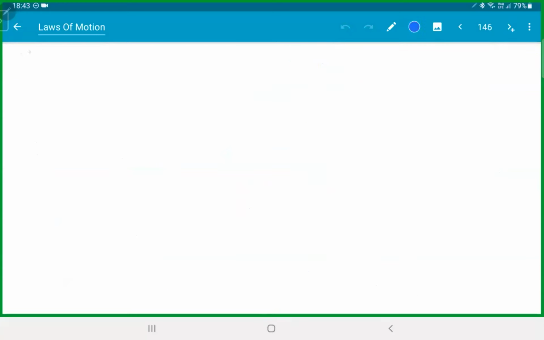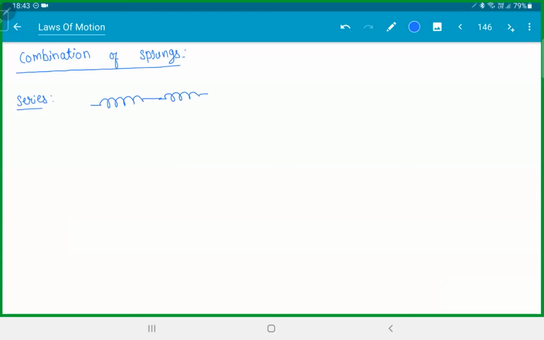Combination of springs. We're going to use this again in SHM primarily, but we should know this for a few problems. Springs in series. So if you take two springs, k1 and k2, you can replace this with one spring, k equivalent, where 1 by k equivalent will be 1 by k1 plus 1 by k2. Be careful, this is opposite of resistors.